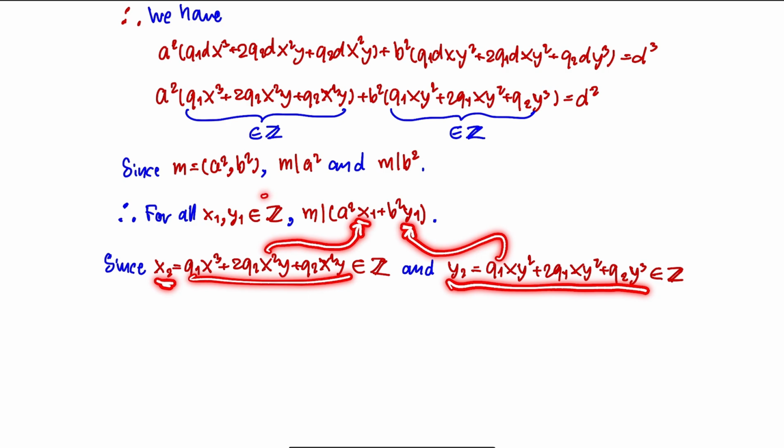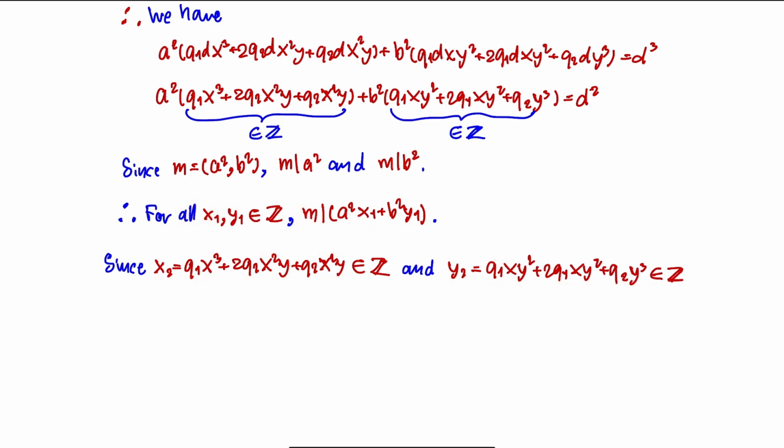Because x1 and y1 are all integers, okay? So that means that what do we have? We've got m divides a squared x2 plus b squared y2, okay?